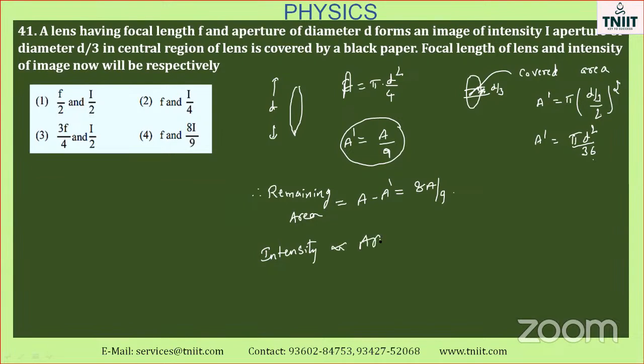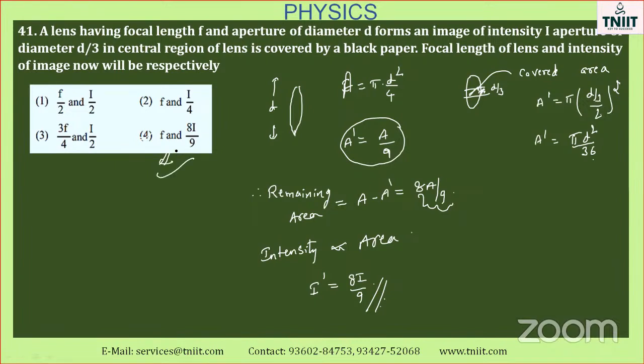Intensity is directly proportional to the area. So the image intensity becomes I dash, which is 8 times of I by 9. Since area becomes 8 by 9, intensity also becomes 8 by 9 times of I. So fourth option is correct.